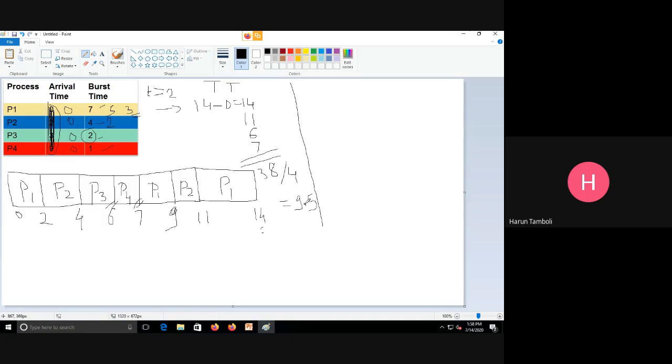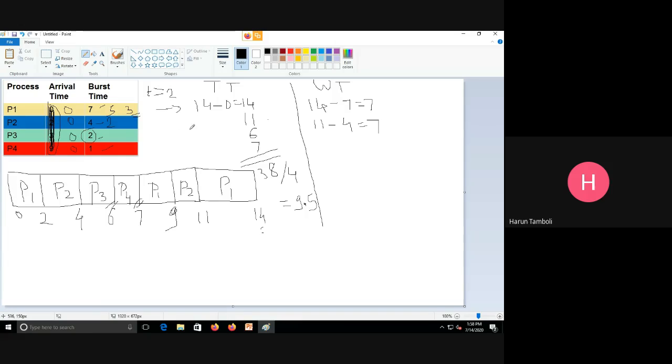Now do the calculation for the waiting time. Waiting time is turnaround time minus burst time. Waiting time for P1: turnaround time 14 minus burst time 7, so waiting time 7. For P2, turnaround time 11 minus burst time 4, so again waiting time is 7.